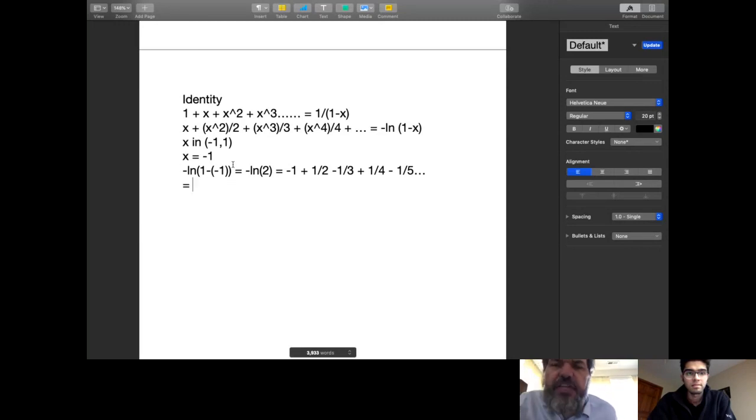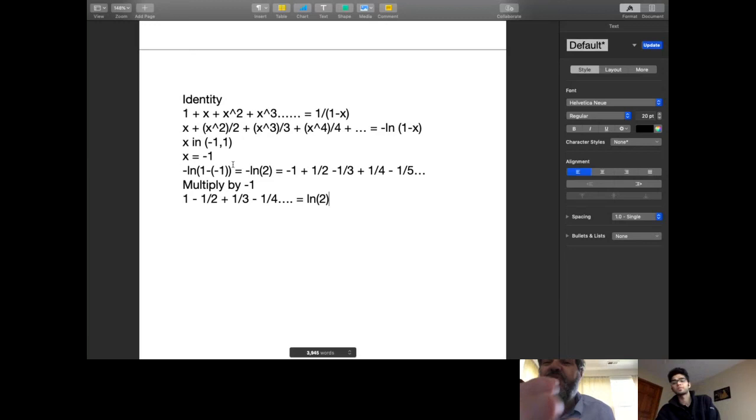So let's write just one other line. Multiply by -1 and get this form. So it's 1 minus 1 half plus 1 over 3 minus 1 over 4 and so on. It's an interesting series. And this equals natural log of 2, just ln 2. It's a nice evaluation for this alternating series.